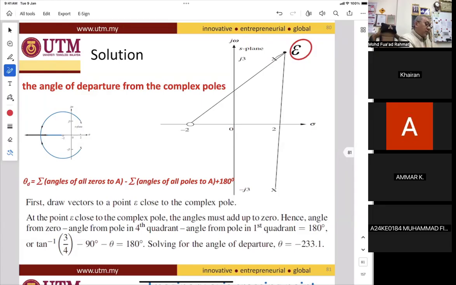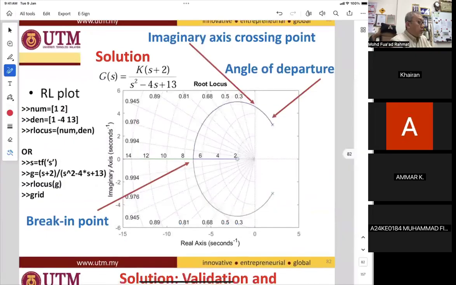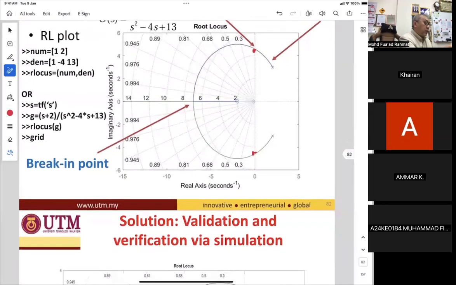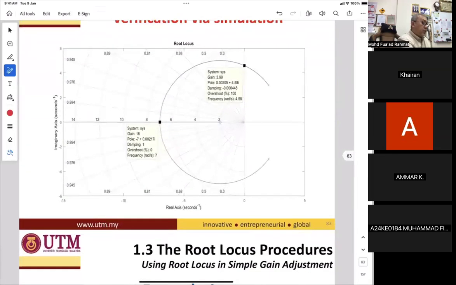So solving for it, the departure angle is -233.1, which is on this side. This is plus minus 233.1 and 360 minus 233.1. And for the crossing, as shown here, which is over here, already shown. Break-in point already shown by observations and by calculations. So it is the same.